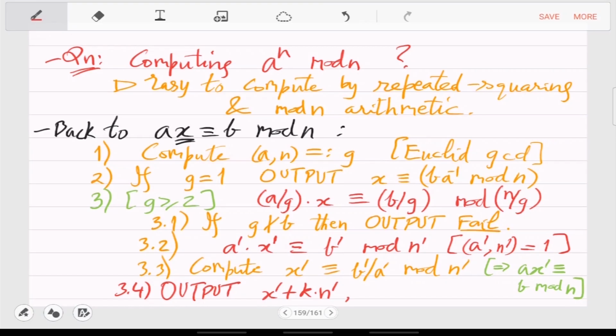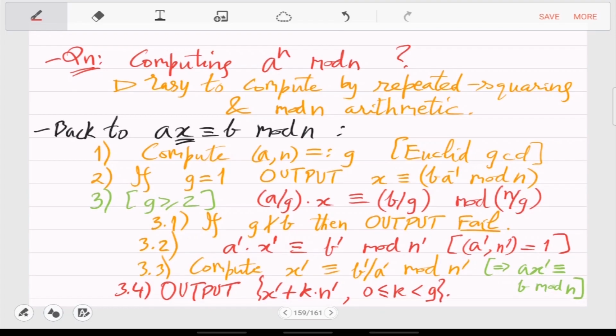For k, let's say you can take 0, which is just x prime, but you can also go higher, you can go up to G. Okay, so this is the solution set.